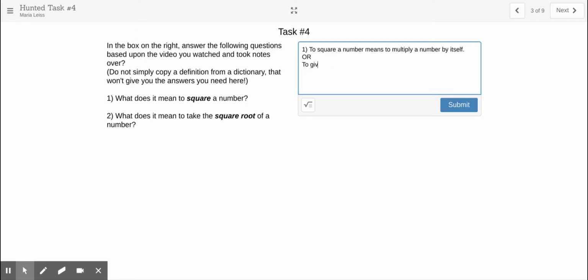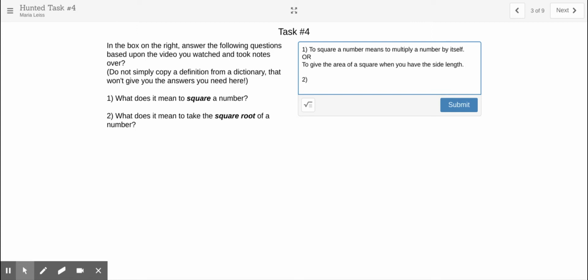So to give the area of a square when you have the side length. So if we said in class, this square has a side length of 9 units, we knew that to draw the square, it would be 9 units across the bottom, 9 units up the side, and we would be able to find the area by doing 9 times 9. So that's where the origination of squaring a number comes from. It's actually the image of a physical square.